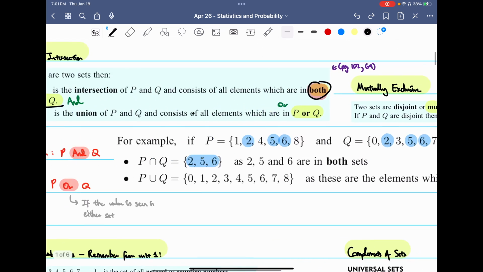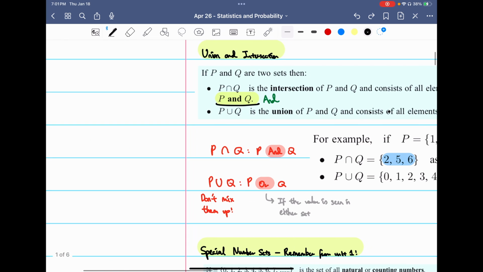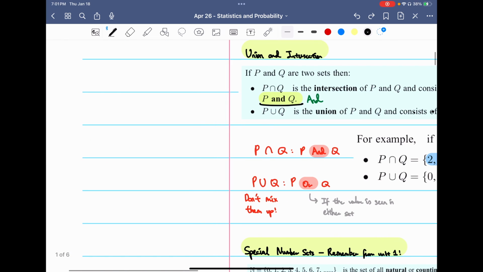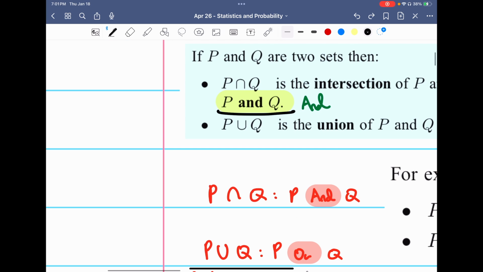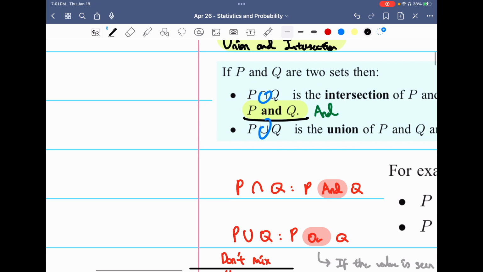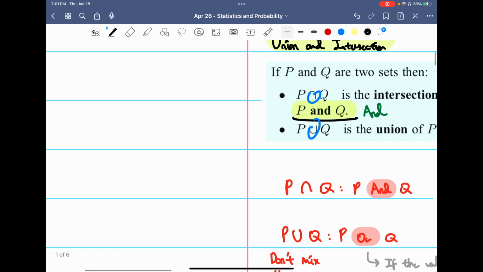Then what do union and intersection mean? First of all, before I introduce union and intersection, I want to point out how to memorize this. Because these two symbols look very similar, it gets quite confusing when we are introduced to this in an exam situation.